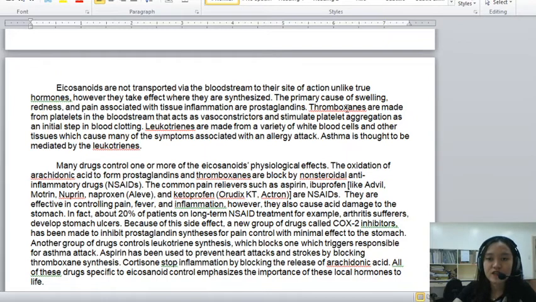So thromboxanes are made from platelets in the bloodstream that act as vasoconstrictors and stimulate platelet aggregation as an initial step to blood clotting. So, main function ng thromboxanes ninyo is for blood clotting, meaning for preventing the flowing of blood.